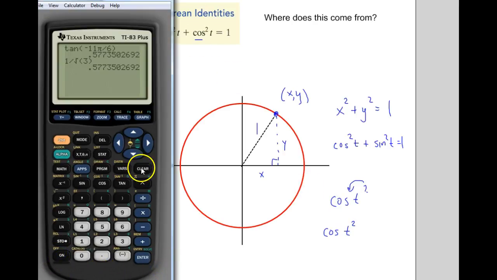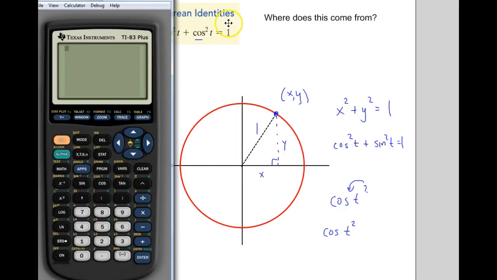If I take the cosine of 5 squared, or if I take the cosine of 5 and then square it, I get two completely different things, right? Drastically different. So make sure that you understand the difference between that.